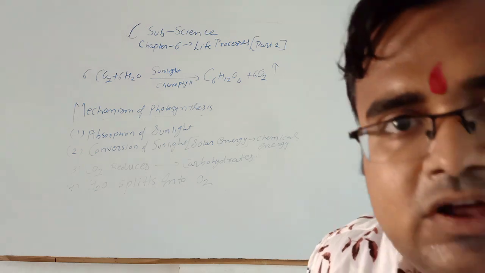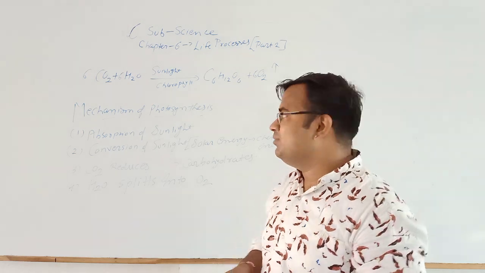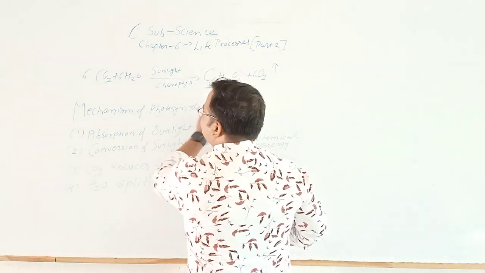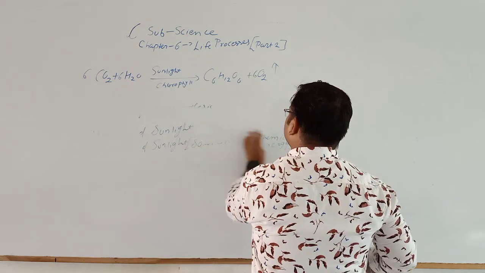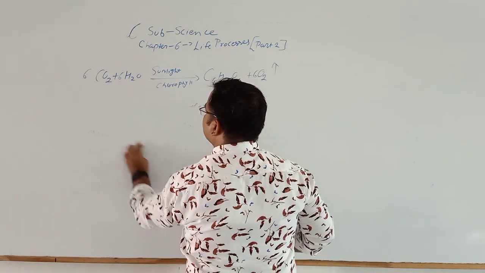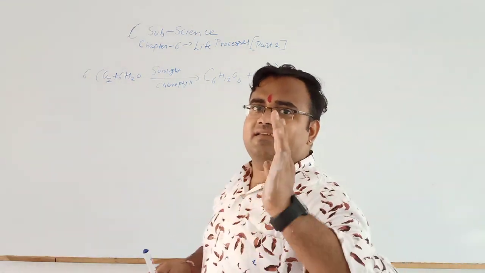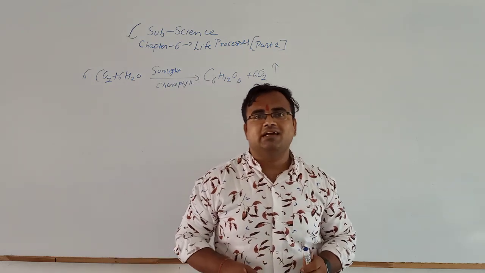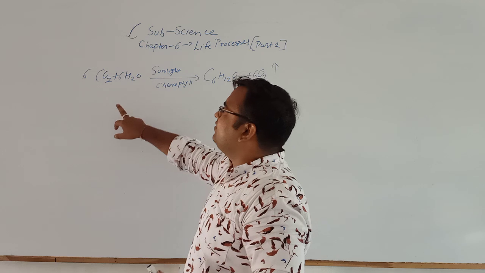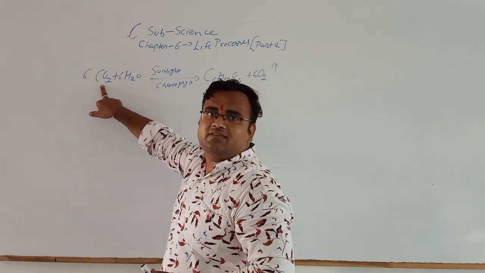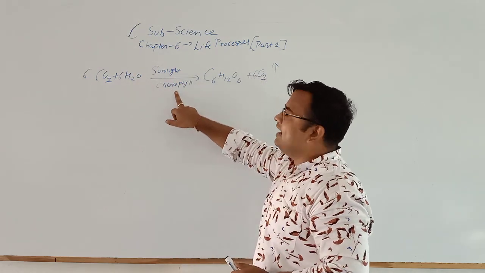So next is the raw material for the process of photosynthesis. What are the raw materials for the process of photosynthesis? If the question is asked in the examination, what are the raw materials used for the process of photosynthesis, then we can say the raw materials are carbon dioxide, water, sunlight and chlorophyll.